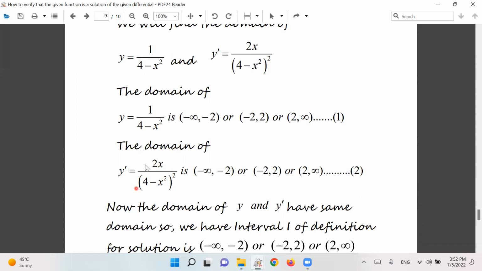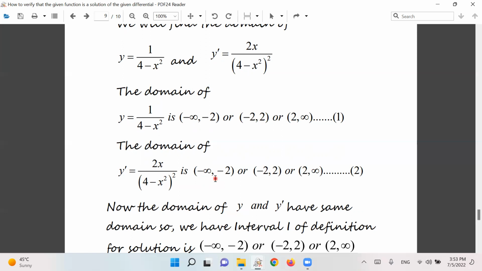Similarly, we have to find the domain of y dash. Y dash we have already found: 2x over 4 minus x square, whole square. So again we have to see which values of x make it a real valued function. We must not get an undefined function or a complex number.